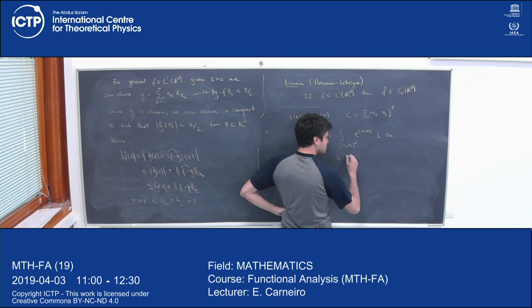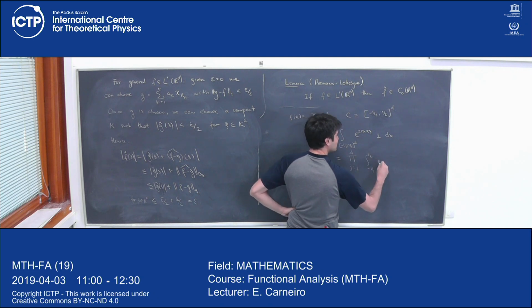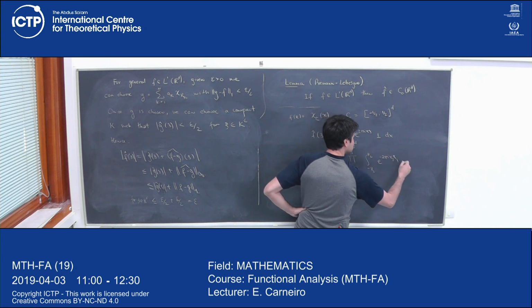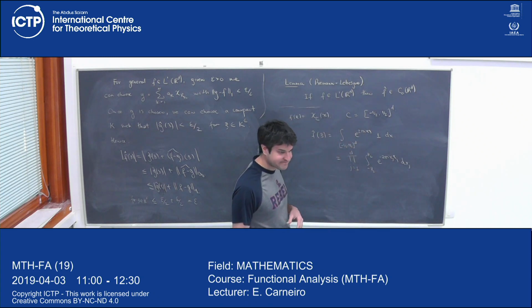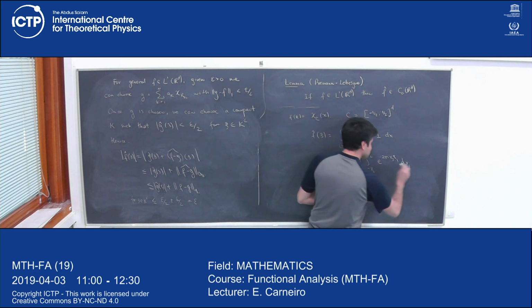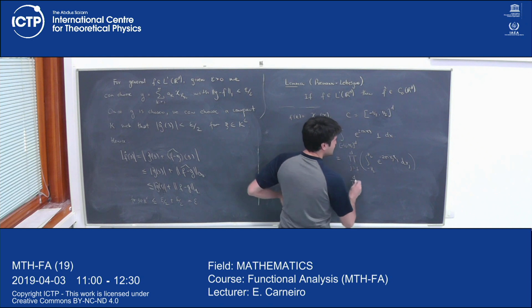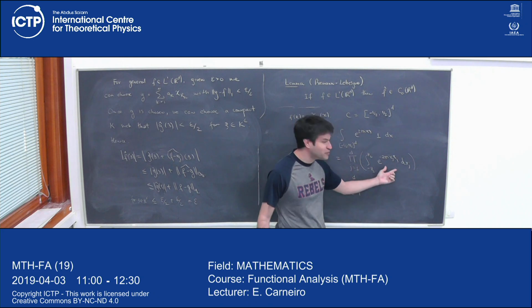So this is just the product from j equals 1 to d of the integral from minus half to half of e to the minus 2 pi i xj xi j dxj. And then you just compute this integral. You find that this is the product over j from 1 to d of the Fourier transform of the characteristic function of the interval minus half to half.